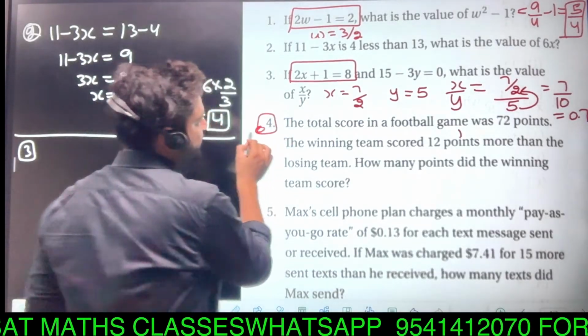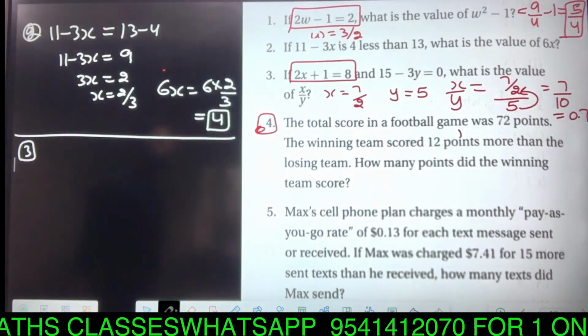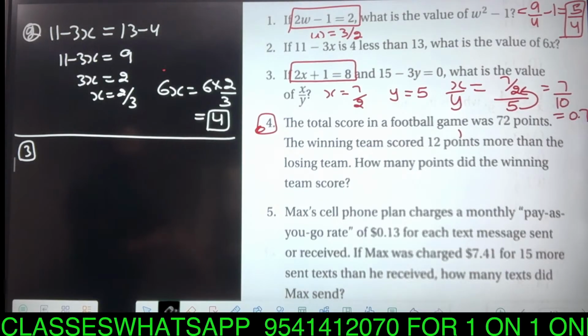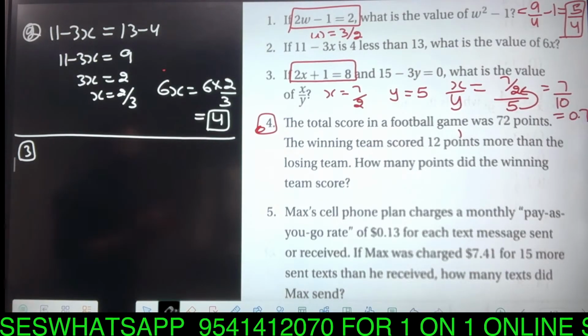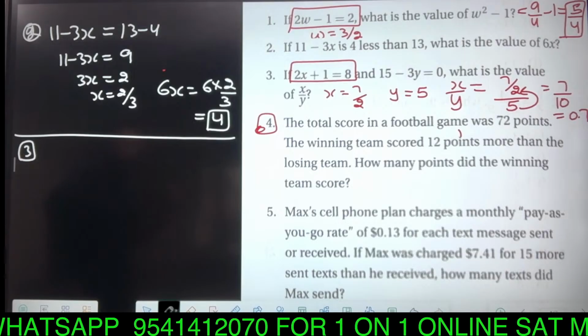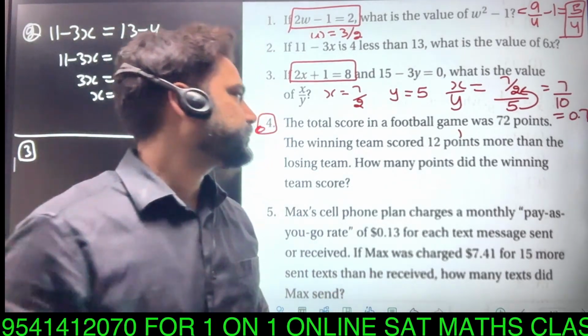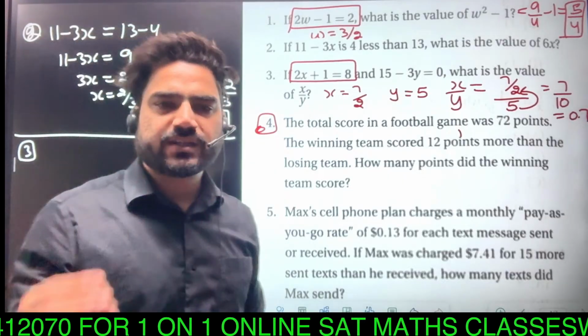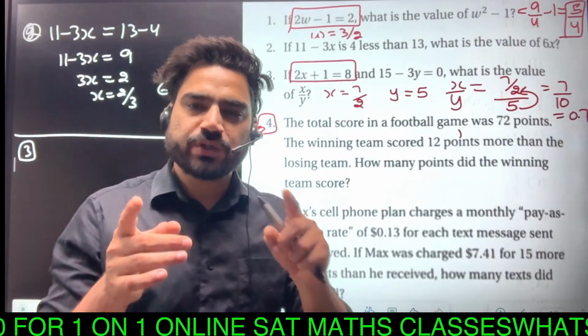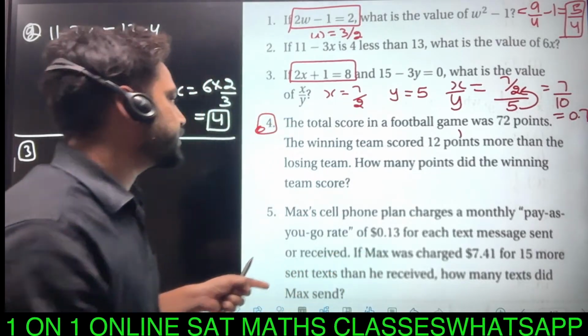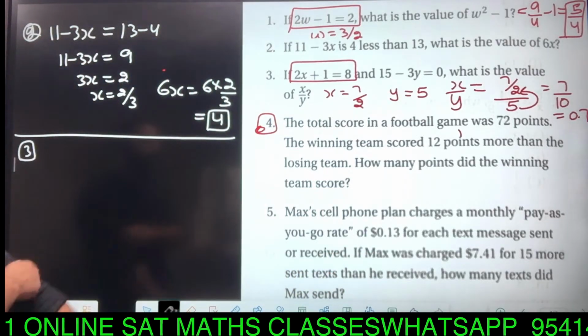In question number 4, they are saying the total score in a football game was 72 points. The winning team scored 12 points more than the losing team. So how many points did the winning team score?